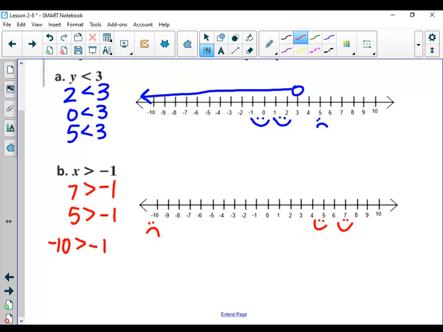No. This is giving me a hint that if I start at -1, leave it open because it doesn't have the equal to symbol under it, I should not go left. No, that didn't work out. Where were the numbers that were working? 5 and 7 were working, so that's right.